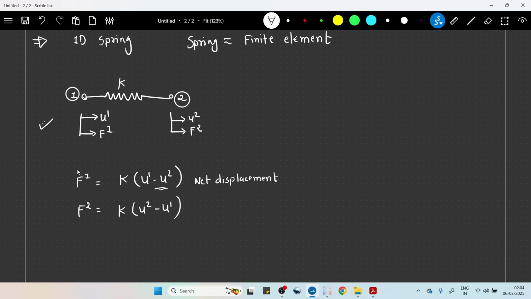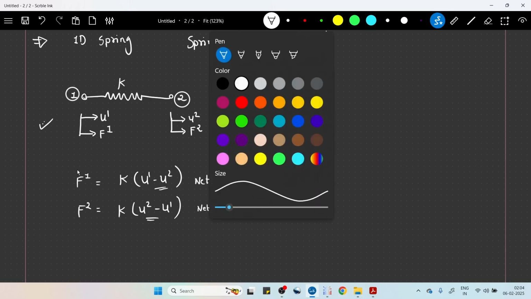And similarly at node 2 the net displacement is u2 minus u1, right?